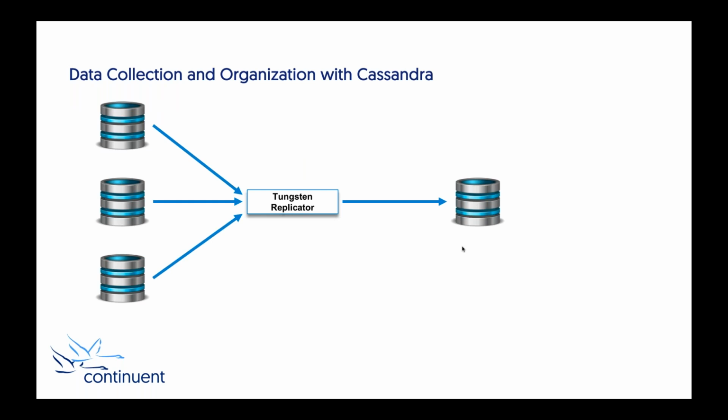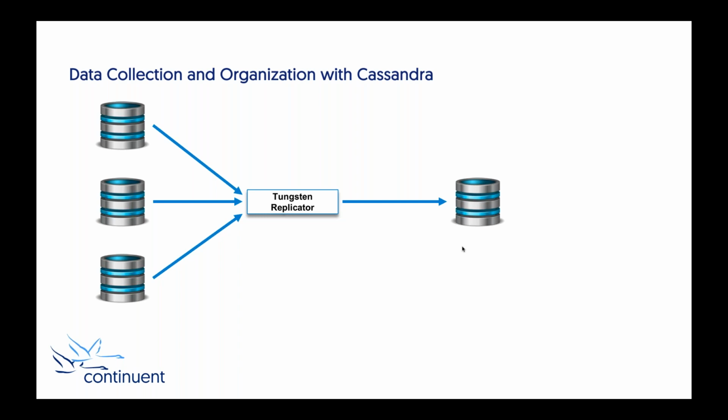Now, what kind of topologies, what type of structures are you going to have when you're replicating data out into Cassandra? Well, because of its highly distributed nature, and because it is so quick and so efficient at pulling out this information, I think the key thing with Cassandra is that it is very good for concentrating lots and lots of data into a single point.